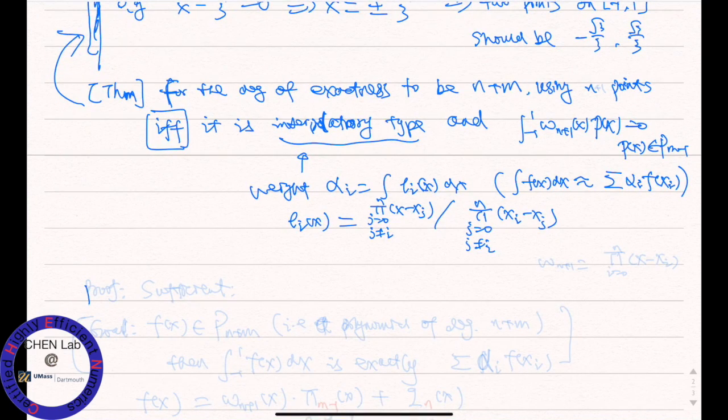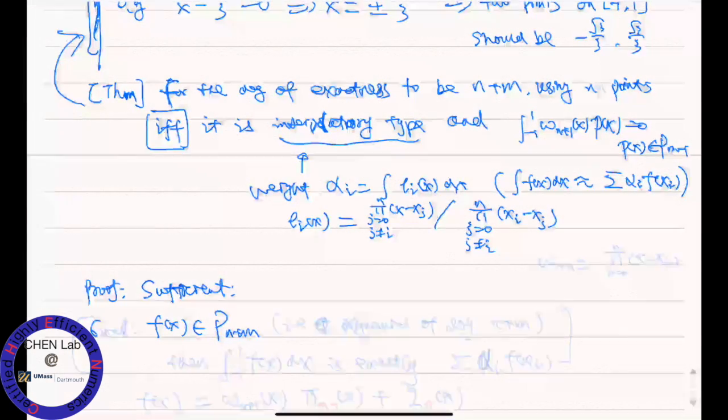So I'm going to prove that it is sufficient. Means that if it satisfies these two conditions, then it has a degree of exactness m plus m. That's what sufficient means. All right? So that means if f is a polynomial of degree m plus m, right?